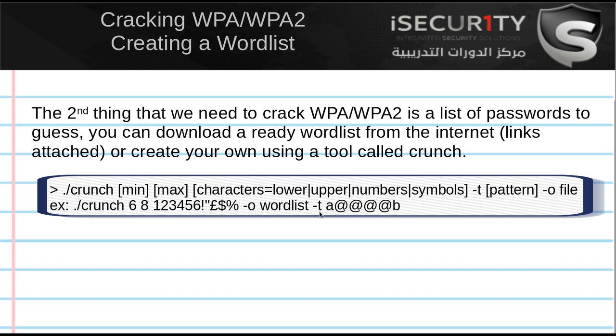And the pattern is, the passwords that are going to be created are always going to start with an A and always going to end with B. So all the passwords that you're going to see in the file are going to always start with A and end with B, and they'll have all the possible combinations of the characters you specified here between the A and the B.